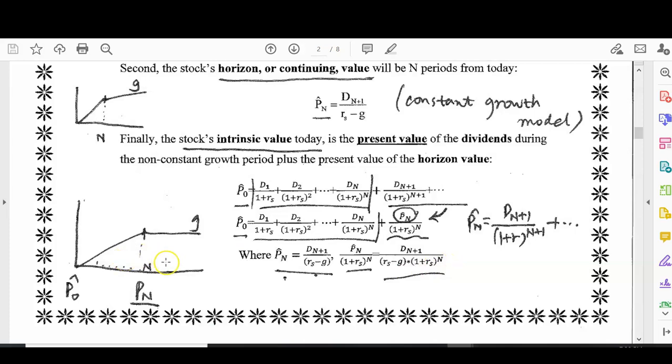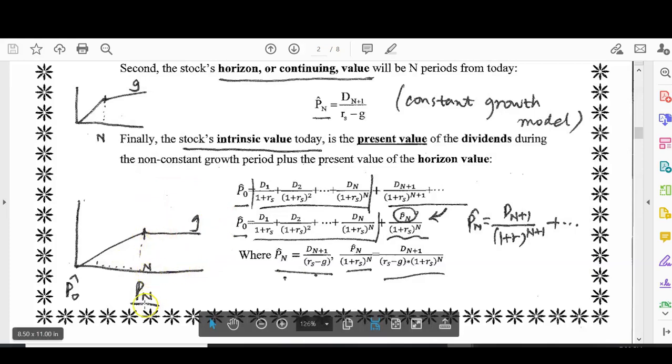Okay, so we use the constant growth model to discount all the dividends in the second stage to time n. So we have Pn. And then we discount Pn, and also discount all the dividends in the first stage, so we have P0.